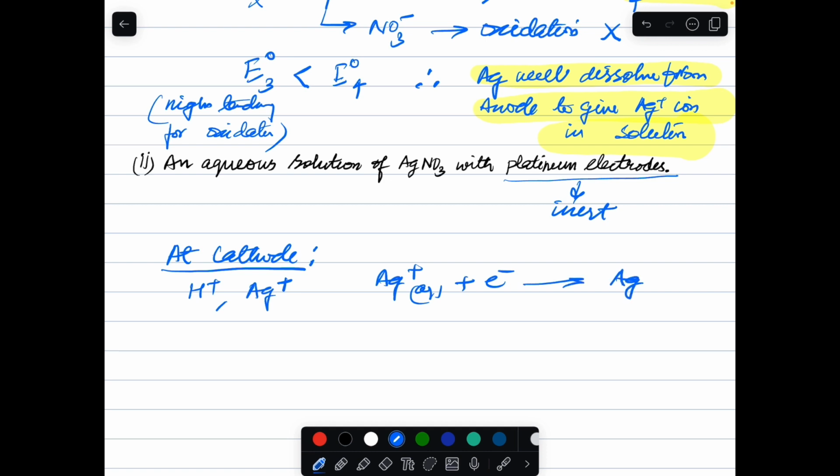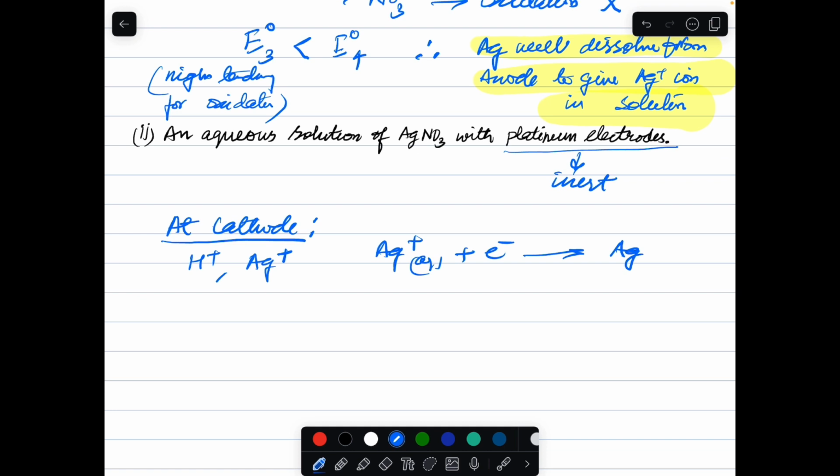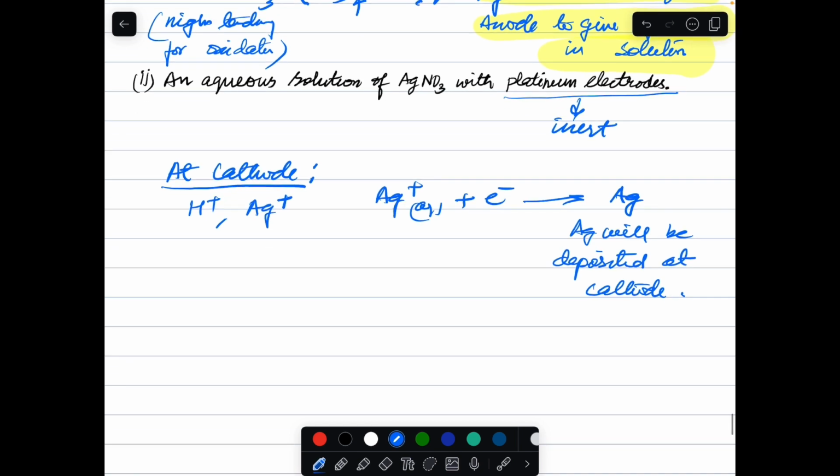Okay, and the reason is the same as in the first case. So silver will be deposited, Ag will be deposited at cathode. Why? Because standard electrode potential for silver is greater than that of water. Okay, so this is the reaction.